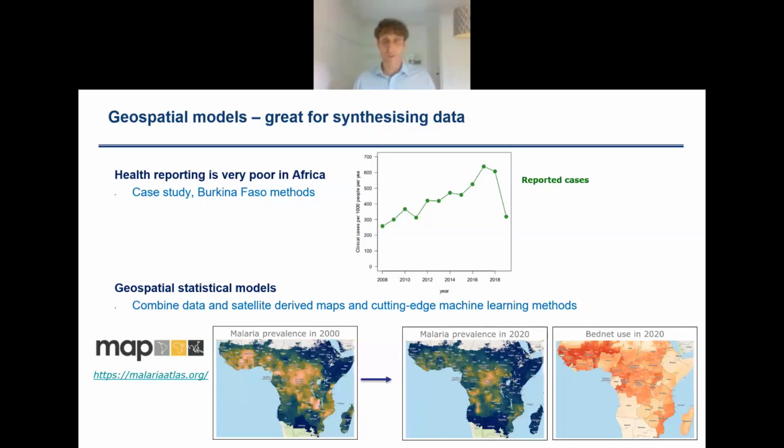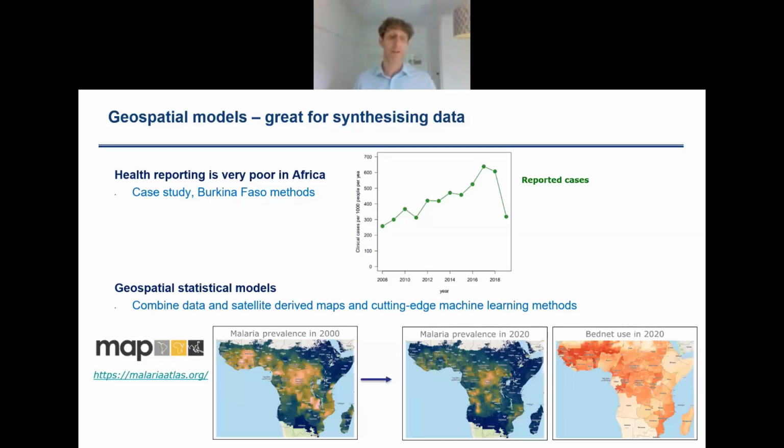So historically, and this is work that's been primarily driven by the Malaria Atlas Project, which is out of Australia, a group led by Pete Gething, we use geospatial models to understand what the current trends are. And so these geospatial models combine all the data that is available.